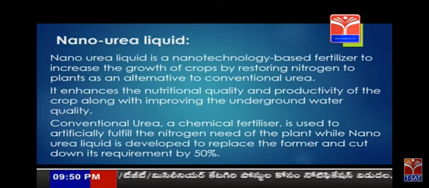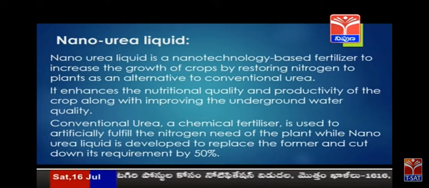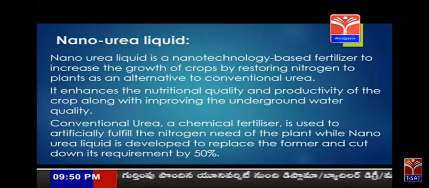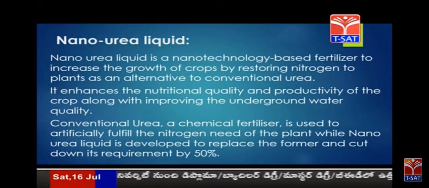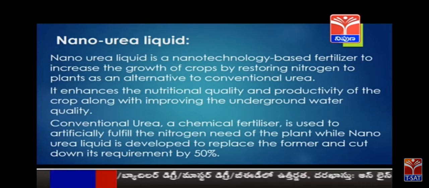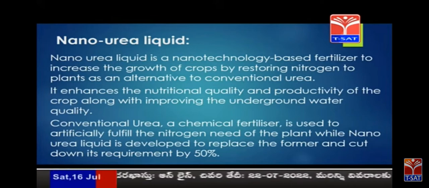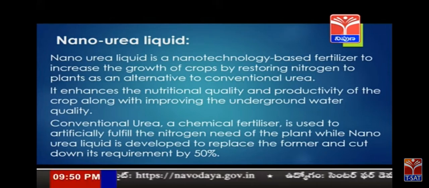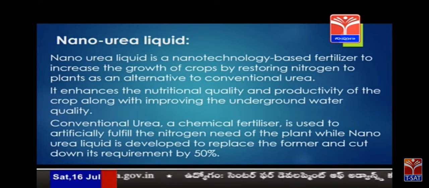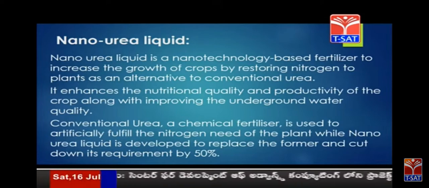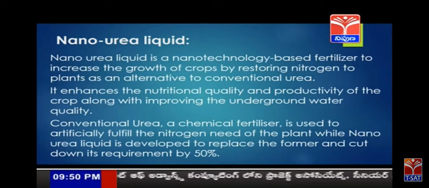A very important thing is that the extra urea will be stored in the plant, so it will not be wasted. It enhances the nutritional quality and productivity of the crop along with improving the underground water quality. This is one more important significance of the usage of nano urea liquid.